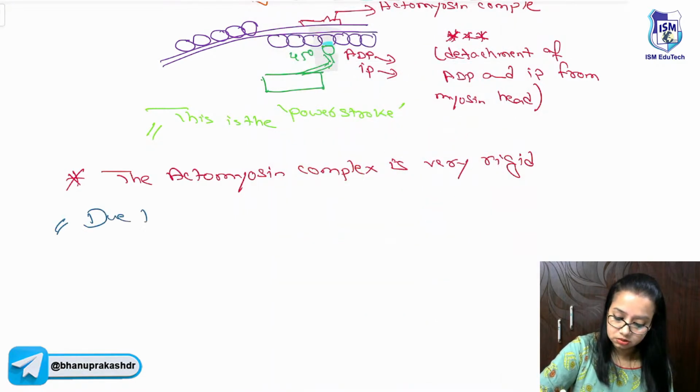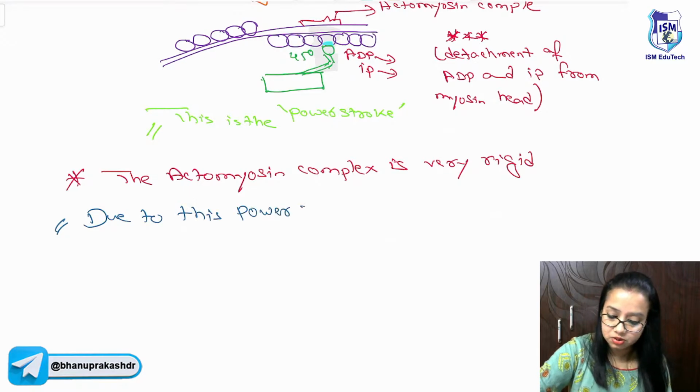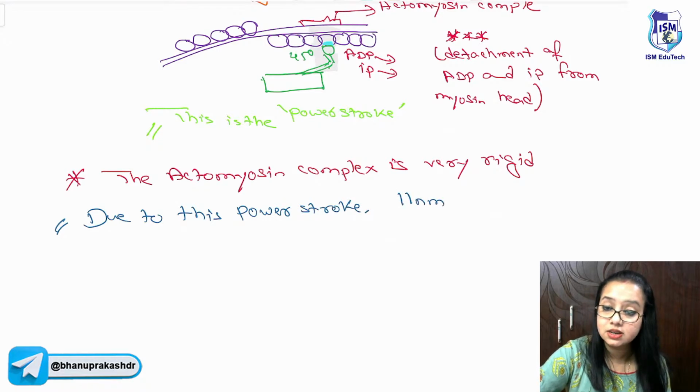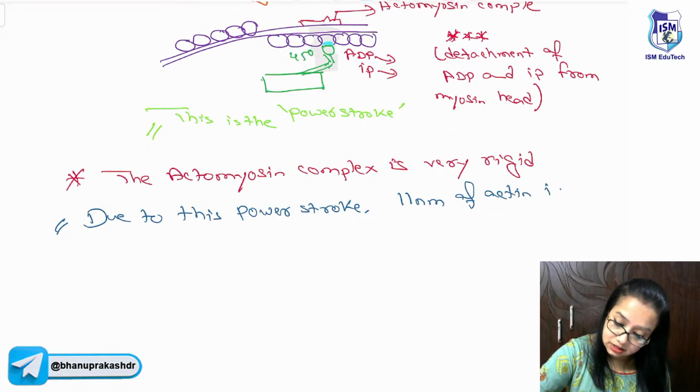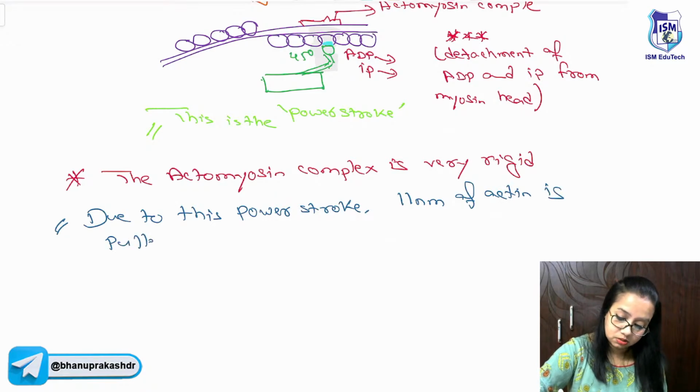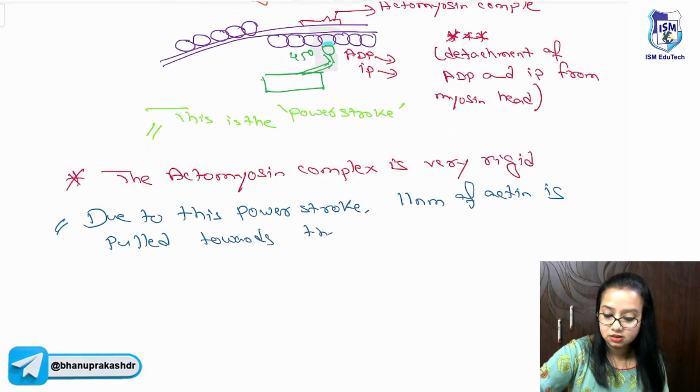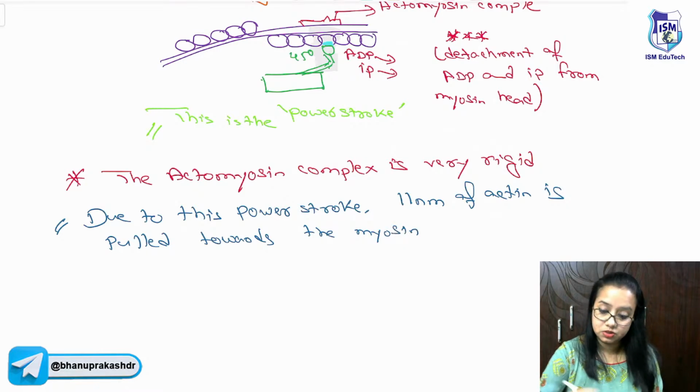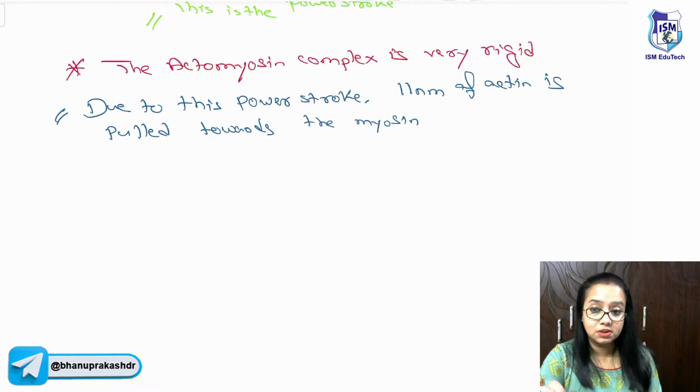Due to this power stroke, 11 nanometers of actin is pulled towards the myosin. Like that it pulls. You remember we studied in the sarcomere, what did we study?